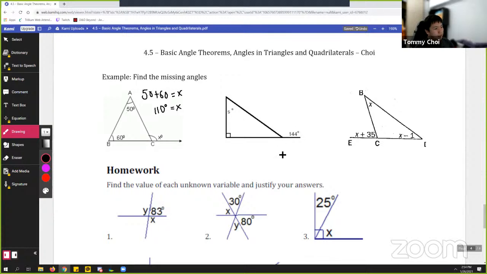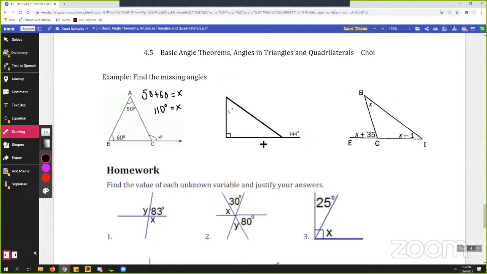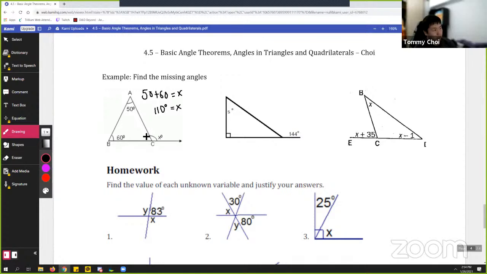Even questions like this, where you're like, wait. Can I say something? Yeah. So it's going to be 110 minus 180. If you wanted to find the inside, yes. No, the outside.